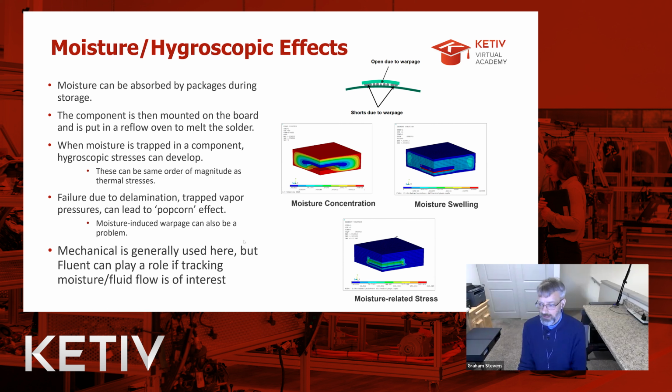This can be modeled directly, and we have a number of capabilities on how to do these kinds of models. Fluent can also play a role if you're really looking for tracking moisture or fluid flow through the design as well.